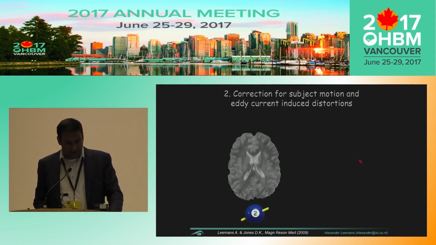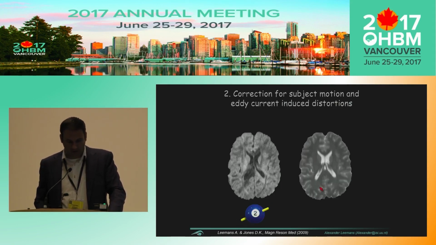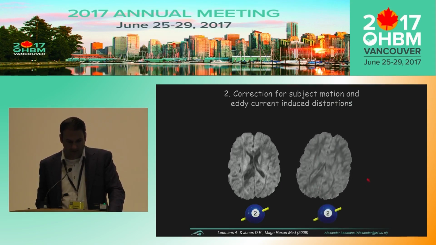So here's an example. If we look at our diffusion weighted volume over here, and you apply a diffusion gradient weighting in a specific orientation, just think of this blue billiard ball here in a specific orientation. If our subject now moved, there you go, we've got subject rotation, and then you apply your diffusion gradient, you get something like this.